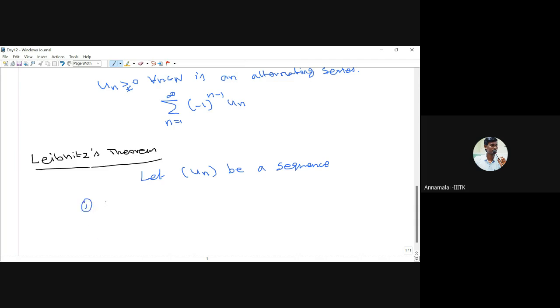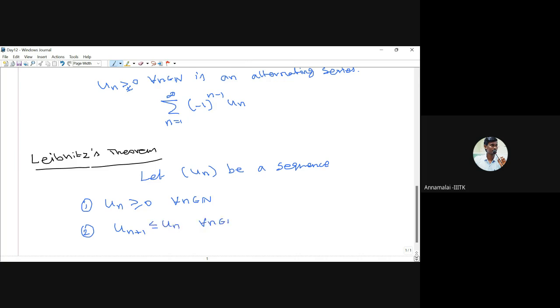The first is that all the un's are greater than or equal to 0, that is, positive for any n. The second condition is that it should be decreasing, that is, un plus 1 is smaller than un for any n.